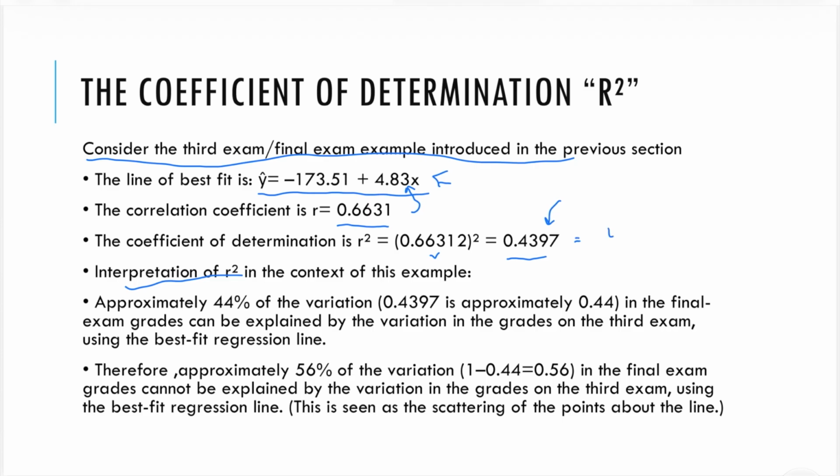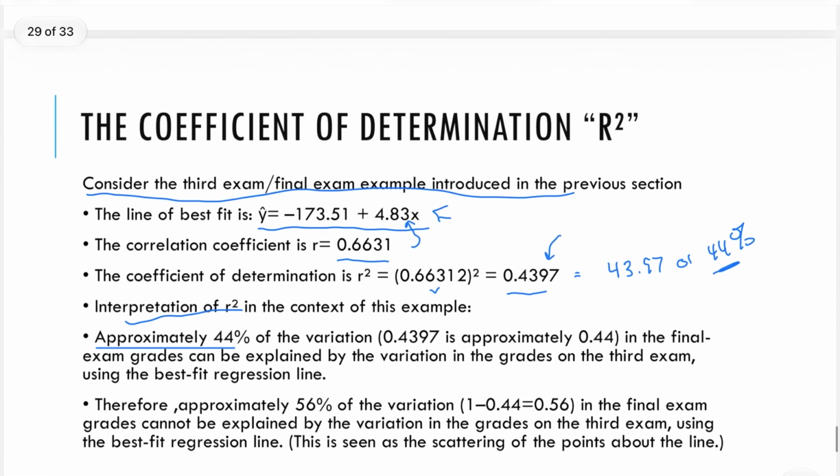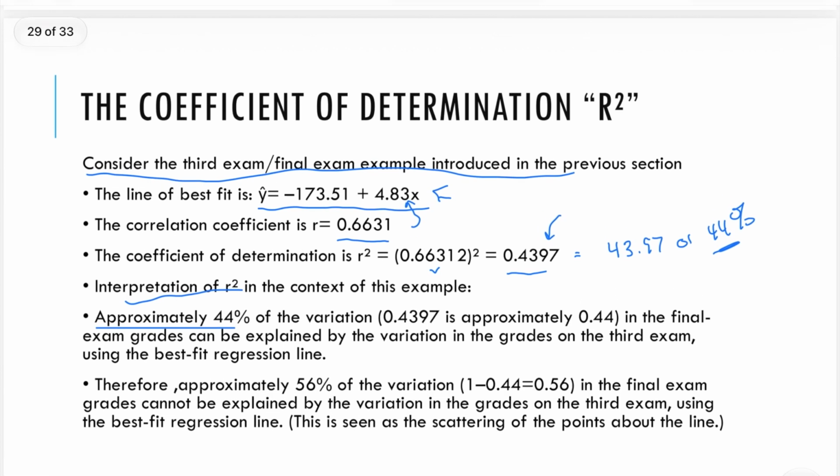So we can convert this to a percent. I'm going to round it up. So we can say, because of the coefficient of determination, approximately 44% of the variation in this case of the final grades, our y-dependent variable, can be explained by the variation in the grades on the third exam, which is x, the independent variable, using the line of best fit.